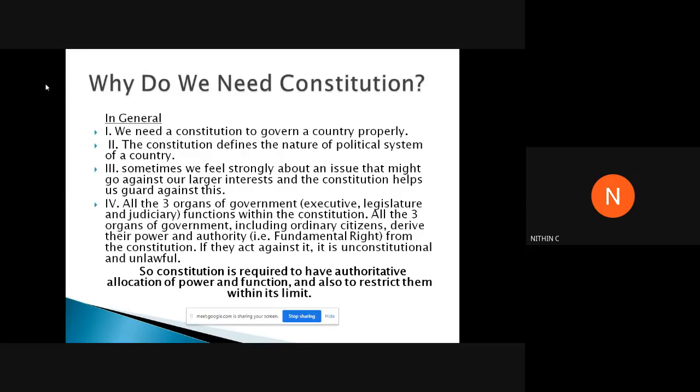The constitution will be setting some limits for power also. Power is not unlimited, but the constitution will set some limits. For the power given to each person, there will be some limit. So all those limits also will be set by our constitution.